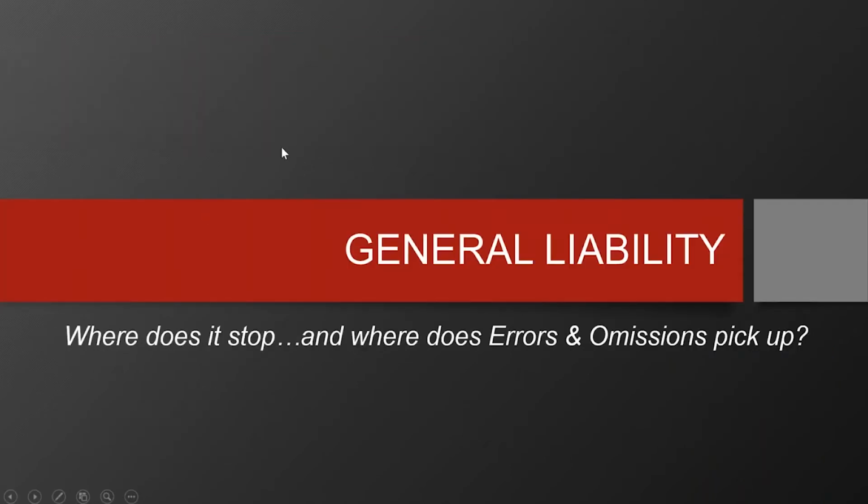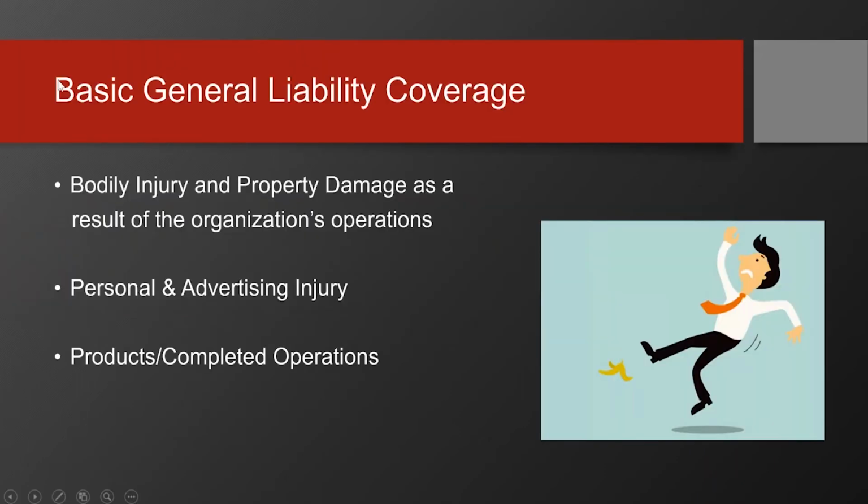But let's start and talk about general liability, where it stops and where E&O picks up. This is really repetitive and basic information, I'm sure, for most of you, but what's general liability? It's bodily injury and property damage as a result of the organization's operations. It's personal and advertising injury within the organization's operations, its products and completed operations.